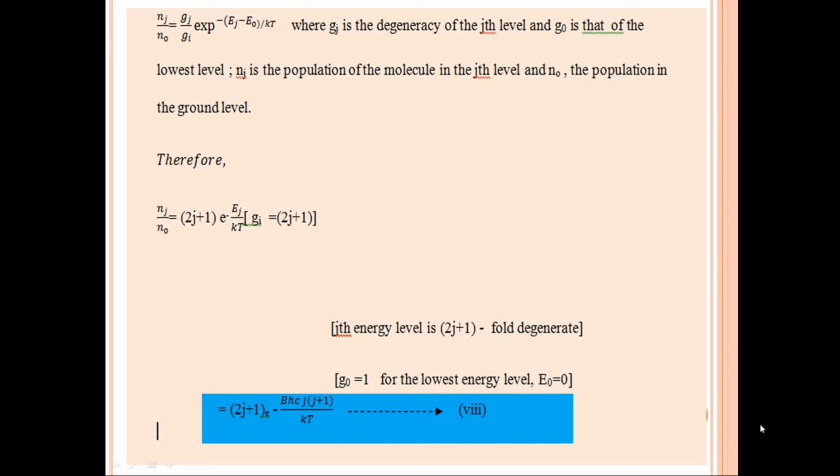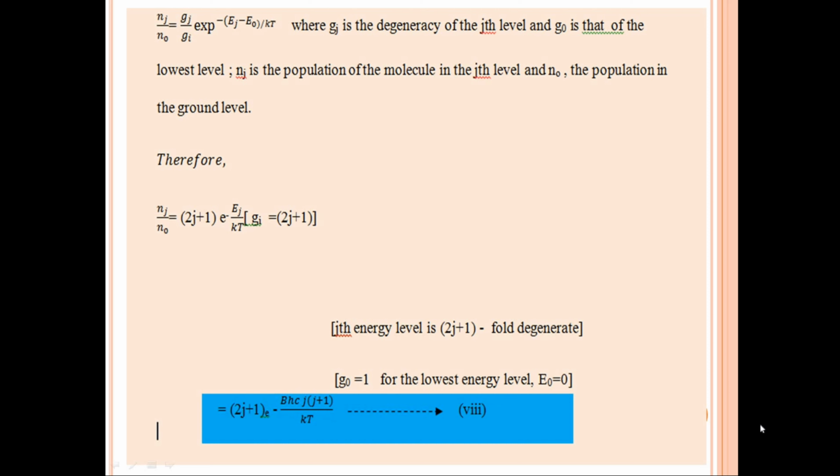The ground level energy E0 is equal to 0. So simply we have Nj equal to (2J plus 1) e raised to power minus Ej by kT.